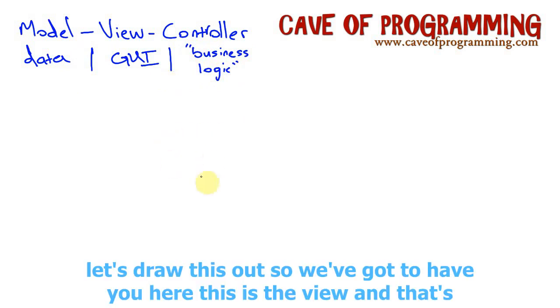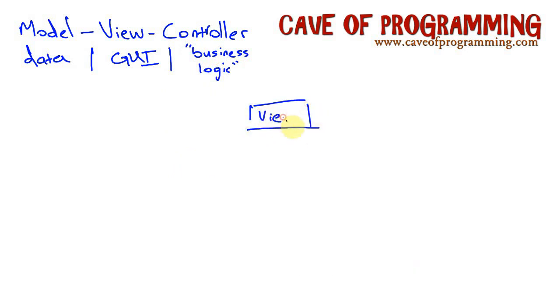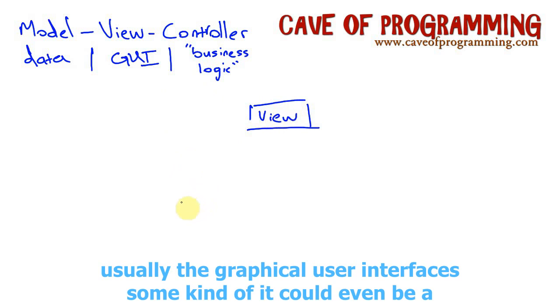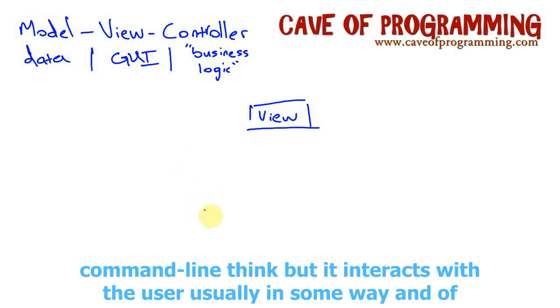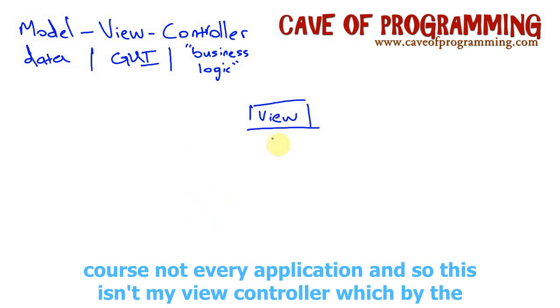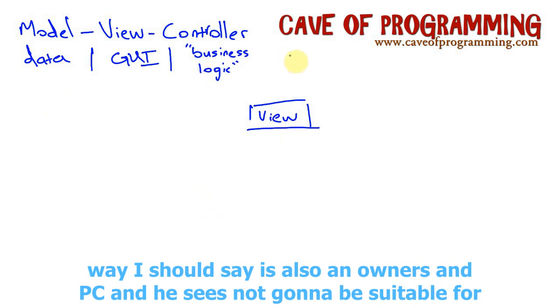Let's draw this out. So we've got the view here. This is the view, and that's usually the graphical user interface, or it could even be a command line thing, but it interacts with the user usually in some way. And of course not every application will even have a view, and so this isn't model view controller, which, by the way, I should say is also known as MVC.